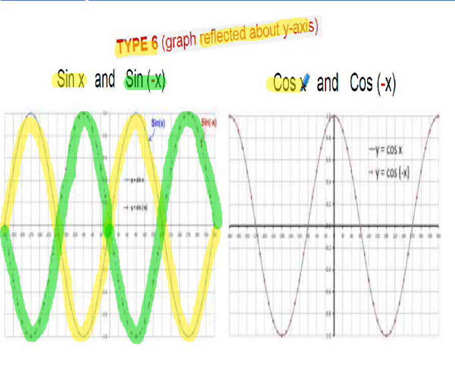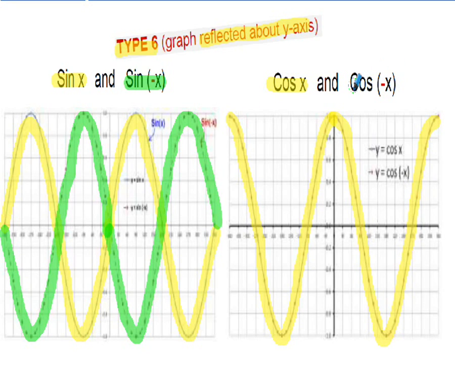If we now plot a cos x function between 0 and 360 degrees, we get this shape, our conventional cosine waveform. And if we plot the cos x waveform between 0 and negative 360 degrees, we get this shape to the left hand side of the vertical axis.